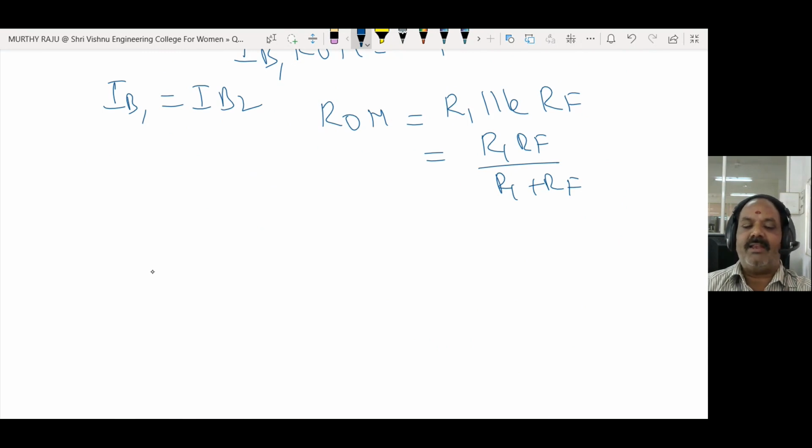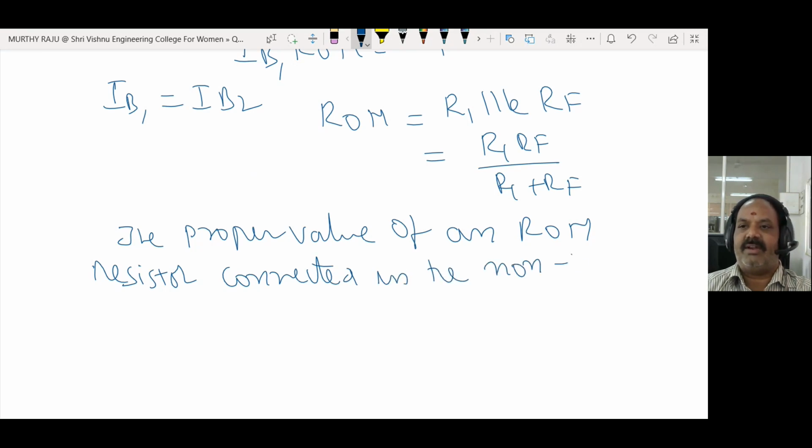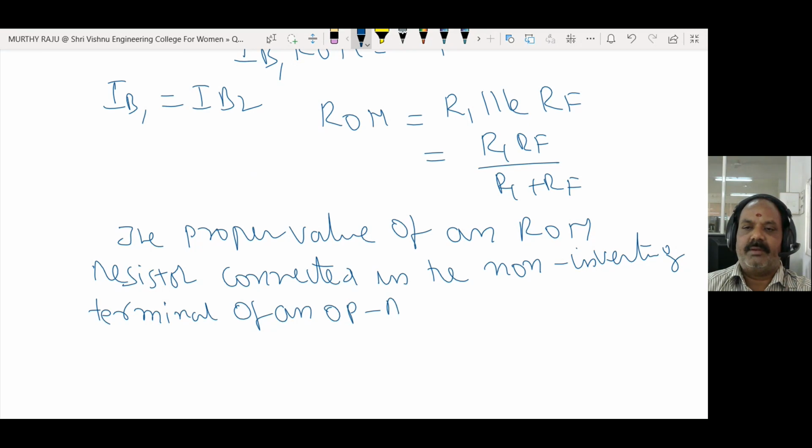Therefore, the proper value of the ROM resistor connected in the non-inverting terminal of an op-amp is the parallel combination of resistances R1 and Rf, that is R1 in parallel with Rf.